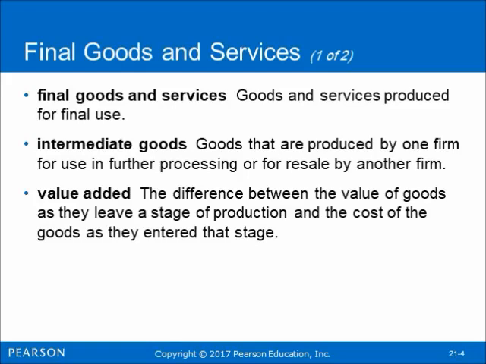What is value added? This is the difference between the value of goods as they leave a stage of production and the cost of the goods as they enter that stage.